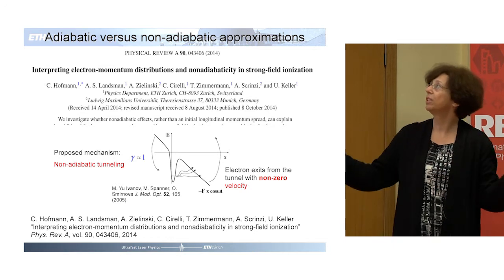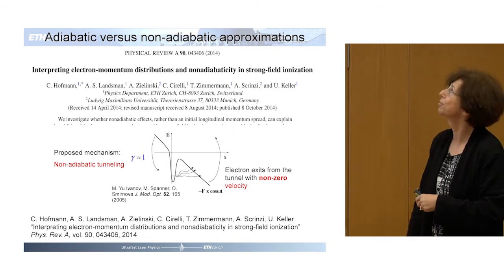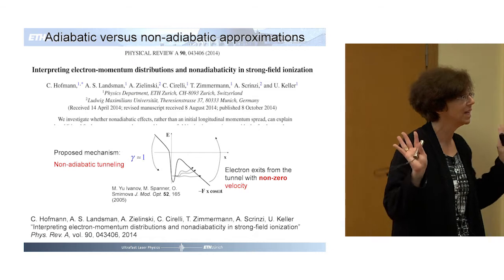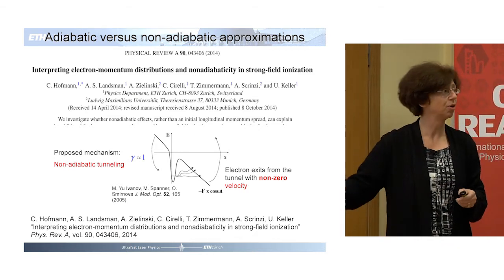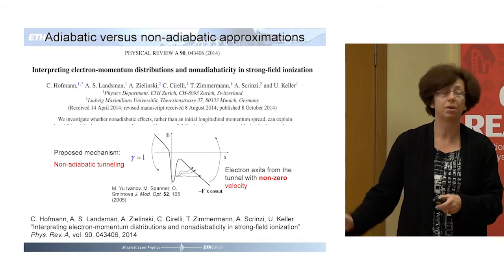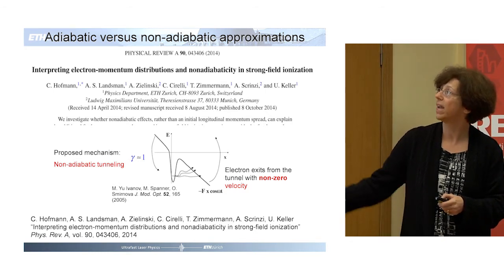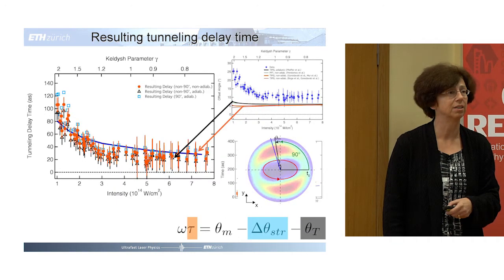There's a huge literature on this, going back to very fundamental theories, the Russians, PPT, the Keldysh theory, and so on. It's an ongoing discussion. When we take all the theories available at this point and put them into our measurement and take into account non-adiabatic corrections, they're all within the error bars of our measurement. It will not change anything.